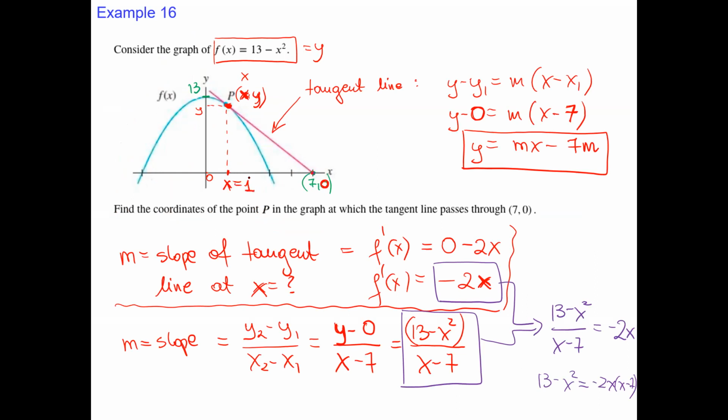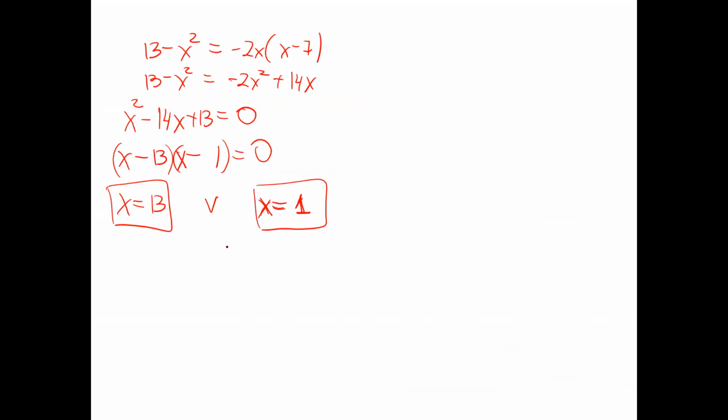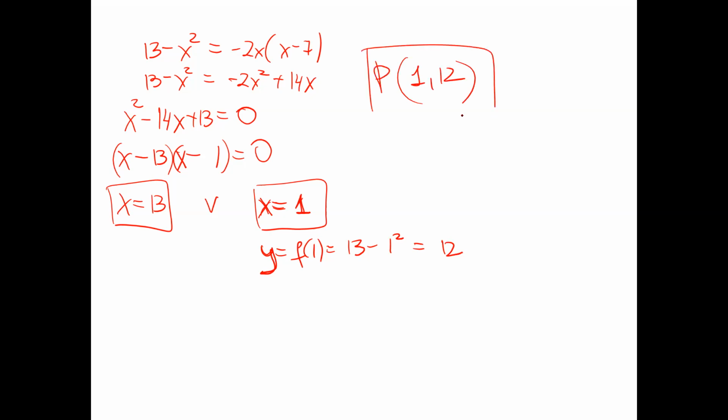And this is 1. And now we can compute the y value, which of course satisfies the formula of the parabola. The y value at 1 is 13 minus x squared, 1 squared, 12. 12 is the final answer.